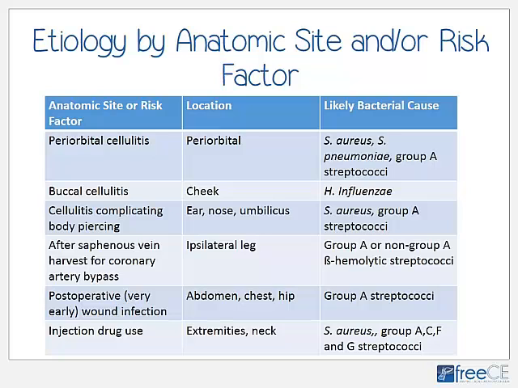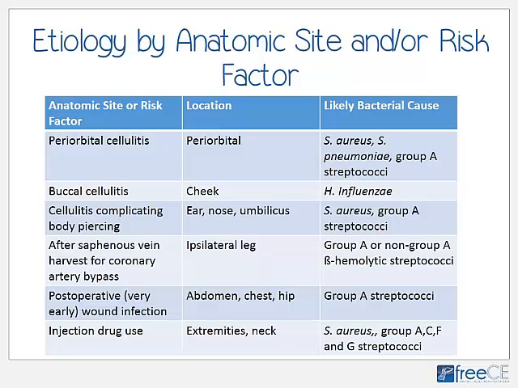After a saphenous vein harvest for a CABG, it's again going to be group A or non-group A beta-hemolytic strep as the most common. A post-op wound infection, specifically the locations would be the abdomen, chest, and hip, is going to be group A strep. And in patients who have a history of intravenous drug use, which can involve the extremities and the neck, typically we're going to see Staph aureus, but we could also see group A, C, F, and G strep as well.